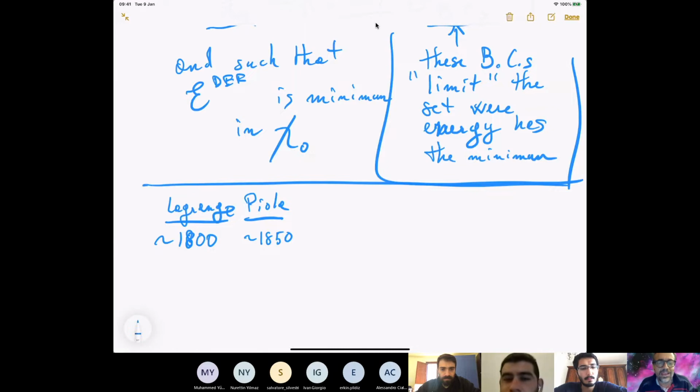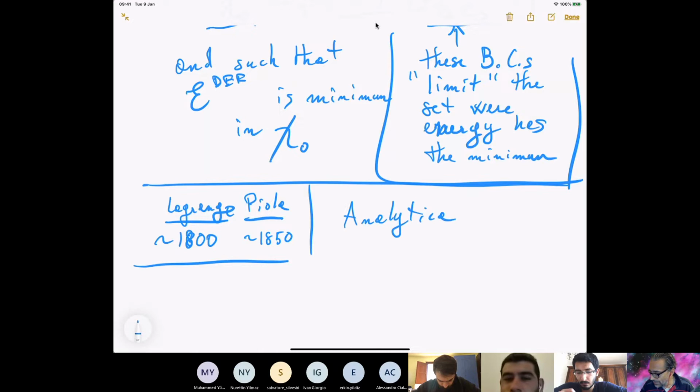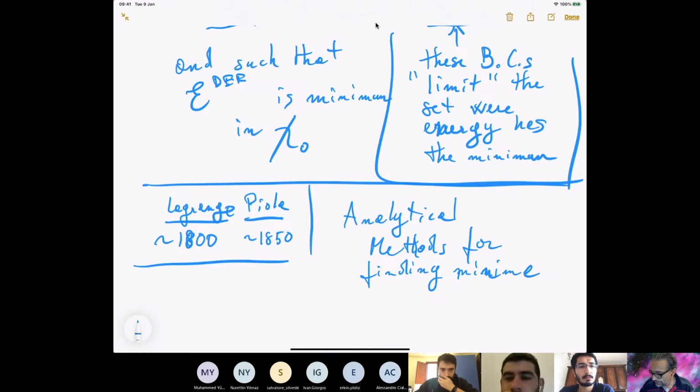You cannot do big calculations. So you must find analytical methods for finding minima.